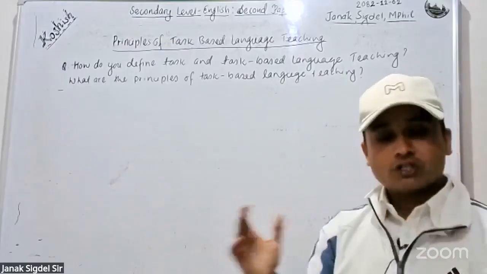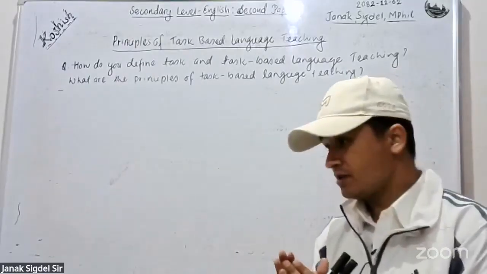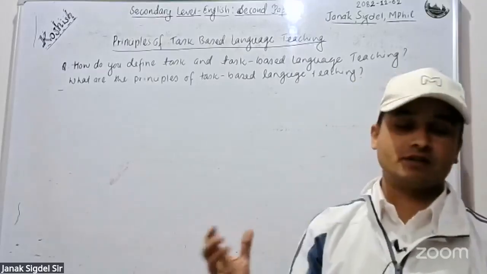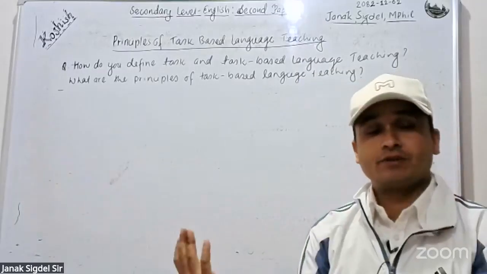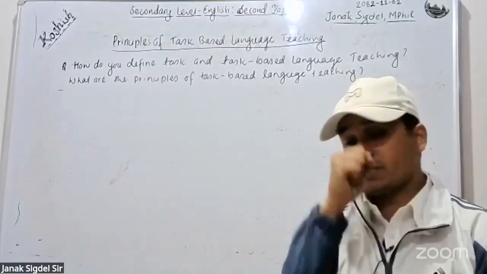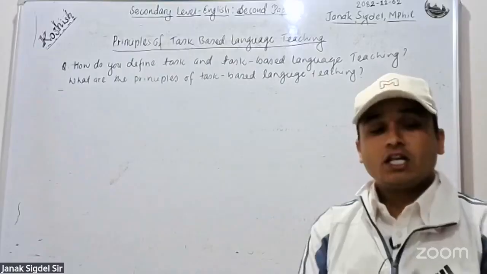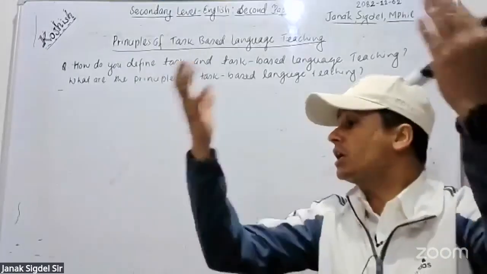And the focus of language teaching and learning should be on process rather than on the product. Language learning itself is a process rather than a product. We should search for process rather than product. This is another principle. And in the same way, learners learn language by being engaged in tasks.